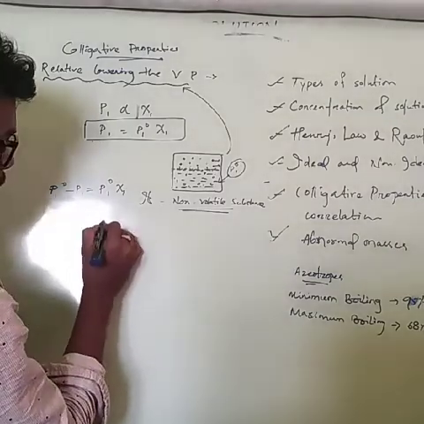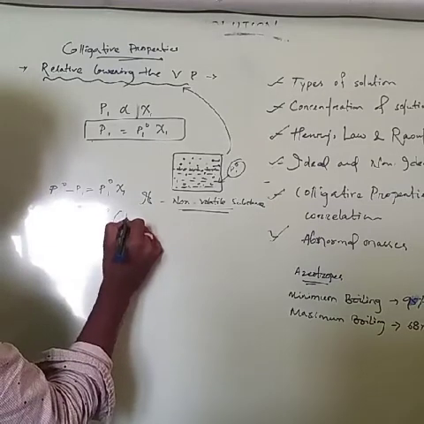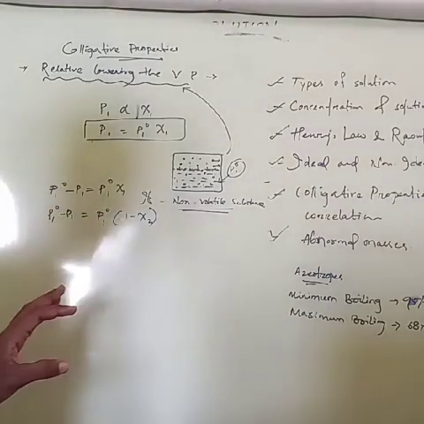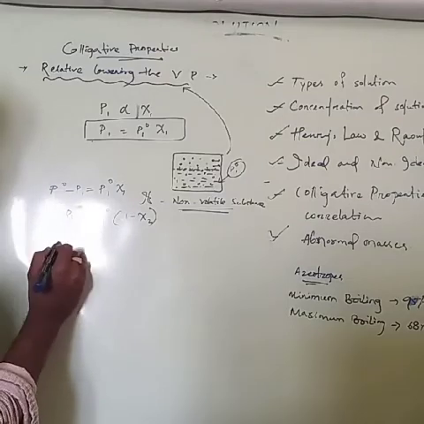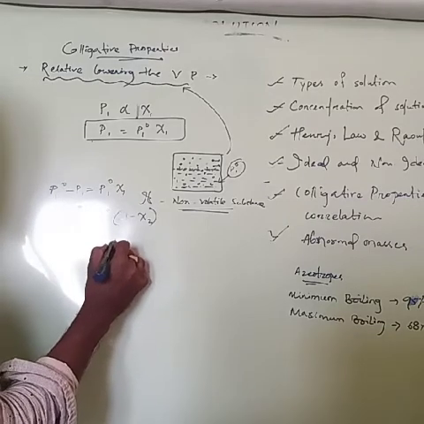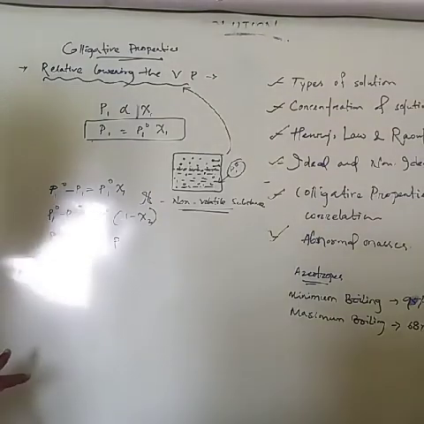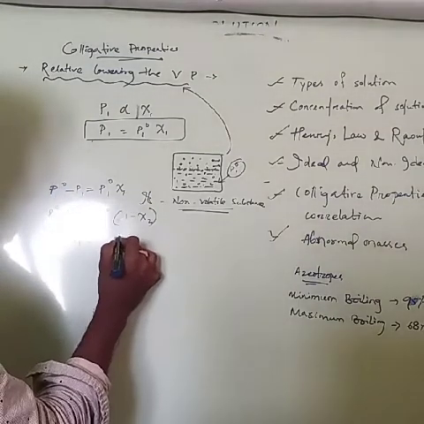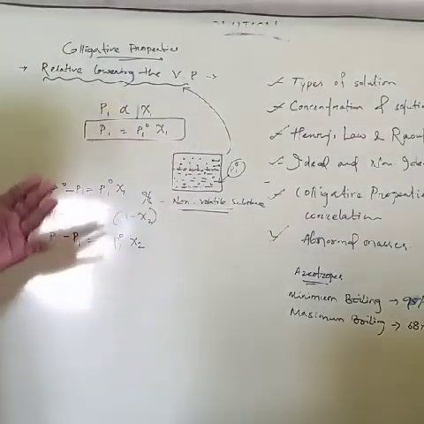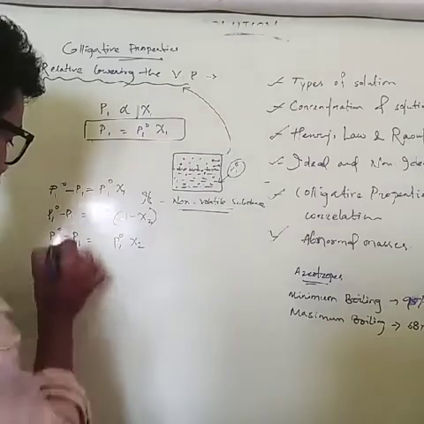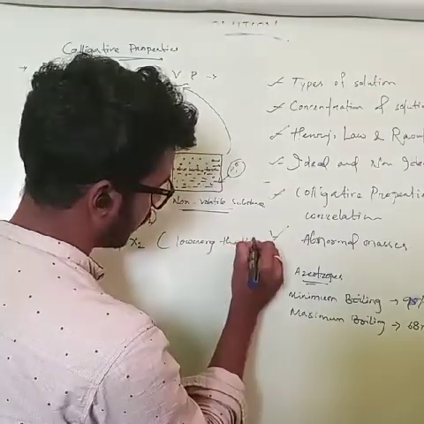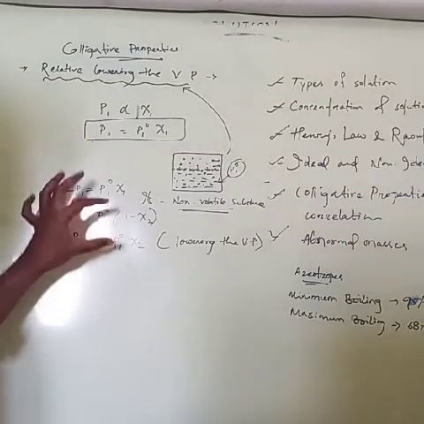And P1 naught chi 1 we can write as P1 naught times (1 minus chi 2). Or P1 naught minus P1 equals P1 naught chi 2. So this is the lowering of the vapor pressure. This is not yet the relative lowering of the vapor pressure.